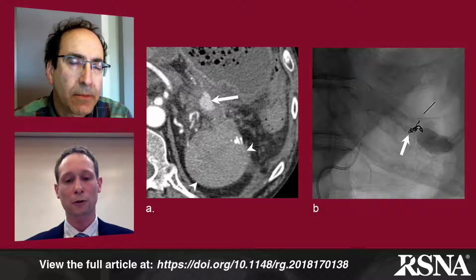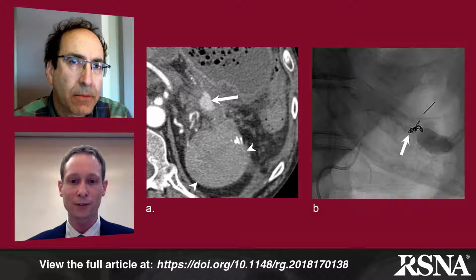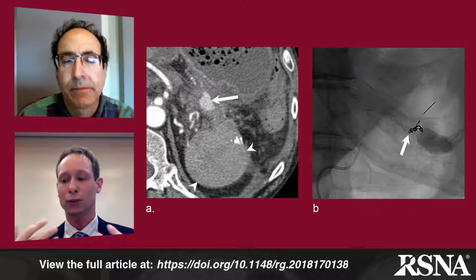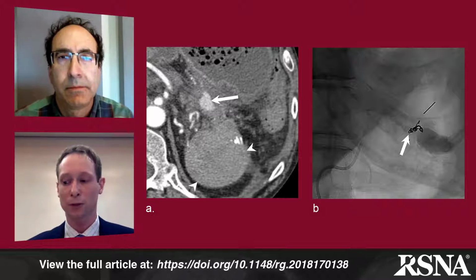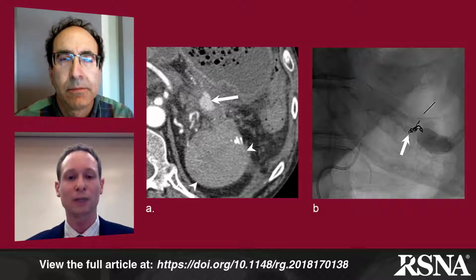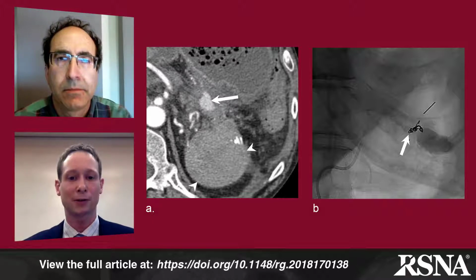And so the protocol is really designed to get the patient on and off the scanner and get a result to the clinician fast. And so we're not going to give people oral contrast in that situation. We don't want to slow things down for that. We're going to give them a relatively dense IV contrast bolus so that we can see this extravasation. And we're going to do a lot of reformats on the images to try to best identify any small sites of bleeding or pathology.